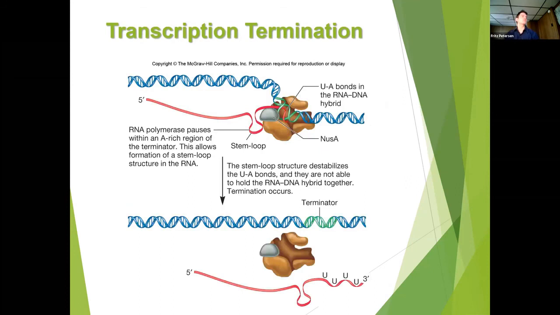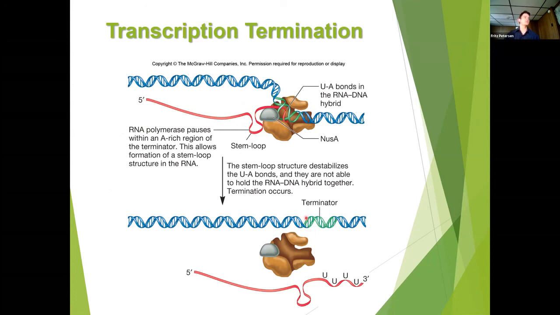Looking at what this termination actually looks like. The RNA polymerase will pause in an A-rich, or adenine-rich, region of the terminator, and it allows for the formation of a stem loop structure. Here you can see the stem loop forming. And this stem loop destabilizes the uracil-adenine bonds that are not able to hold together the DNA-RNA hybrid, and thus termination occurs.